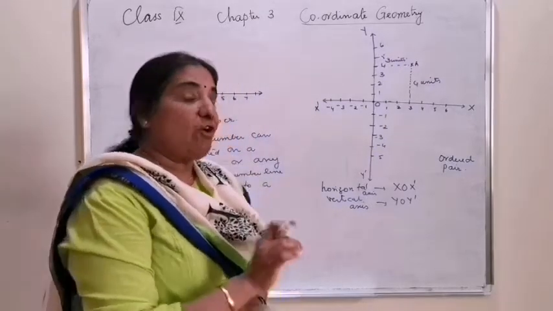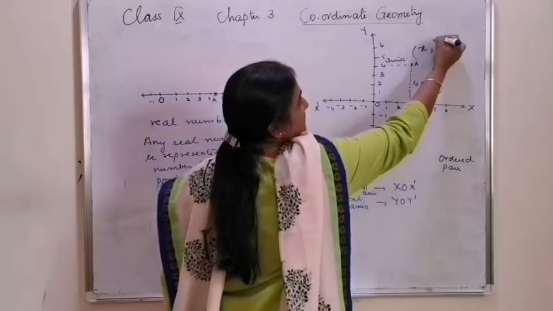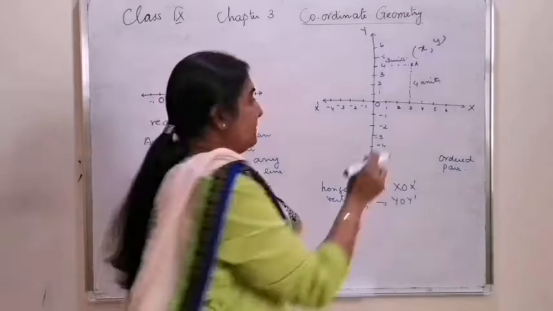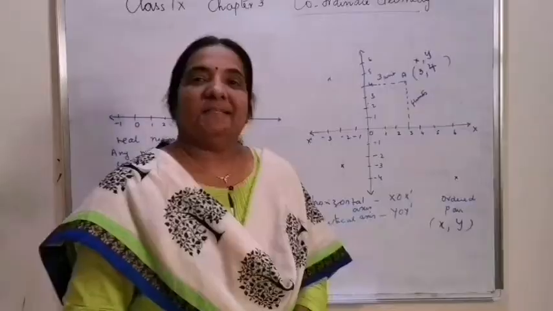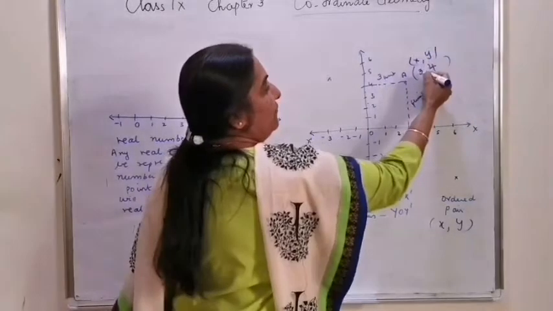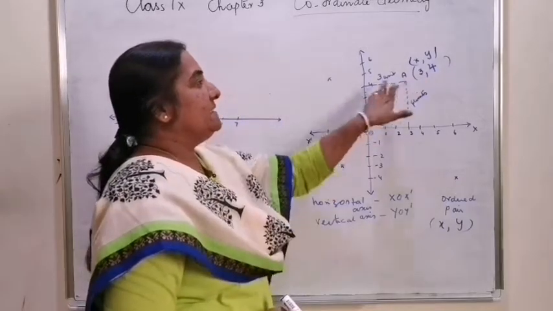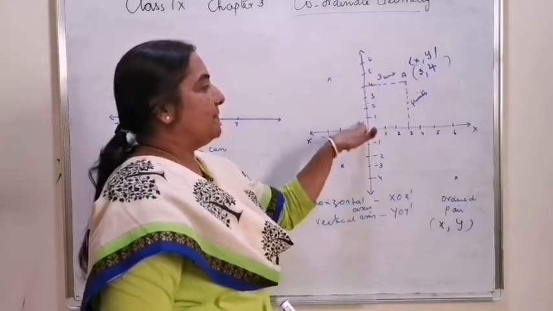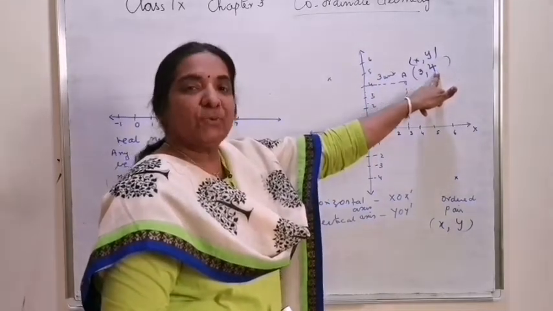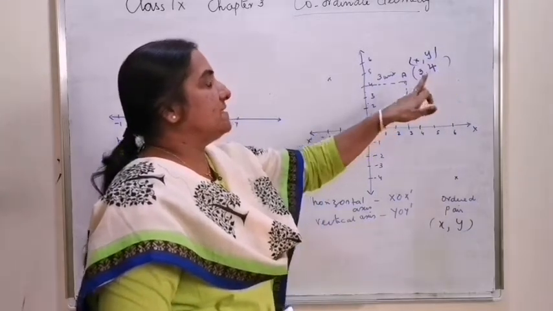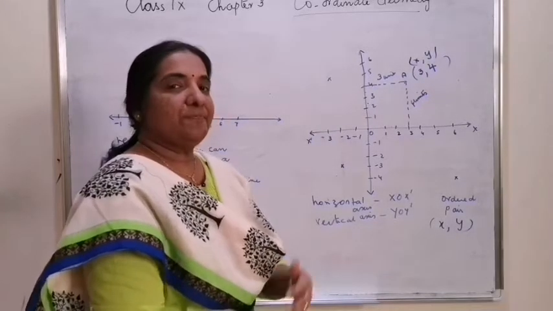We call the point an ordered pair in XY format. That is, the x coordinate is 3 and the y coordinate is 4. Here, the value of x as 3 denotes that it is at a distance of 3 units from the y-axis, and the value of y as 4 denotes the distance of the point from the x-axis as 4 units.